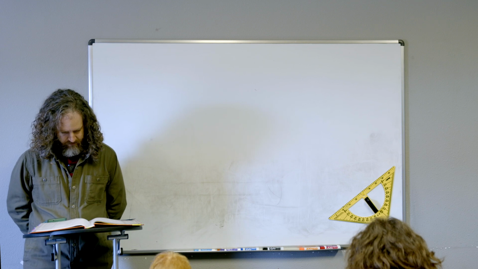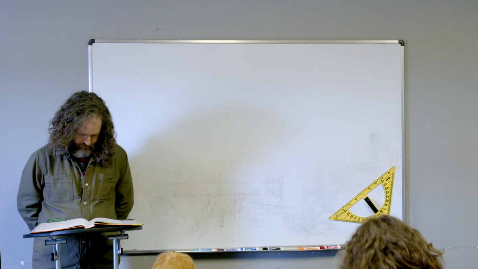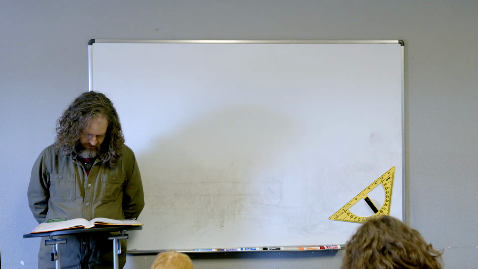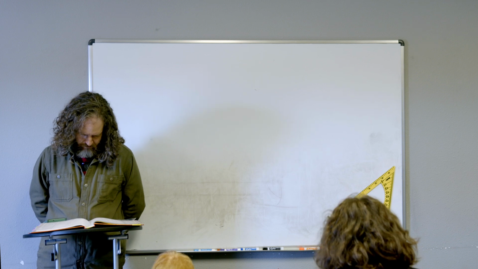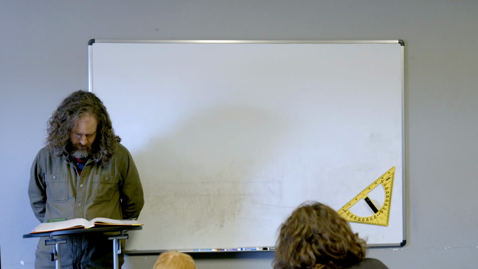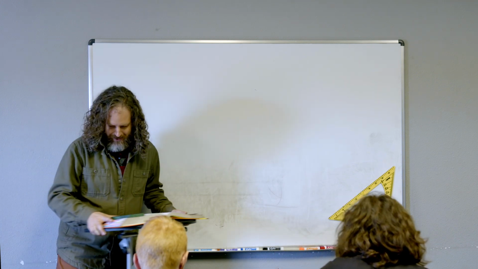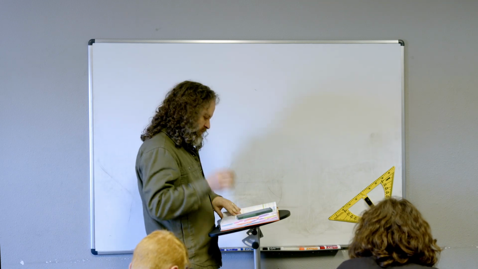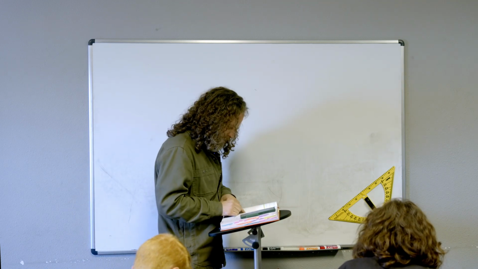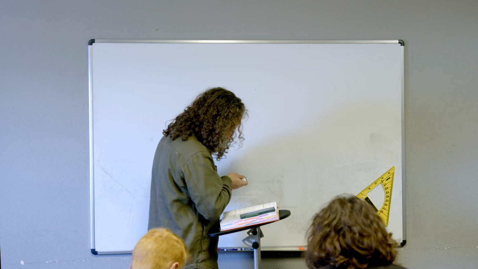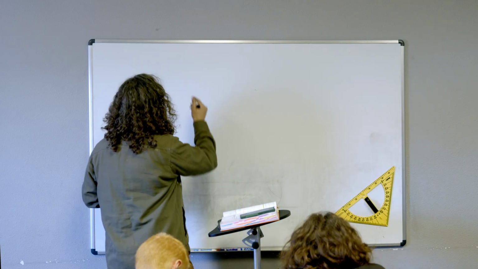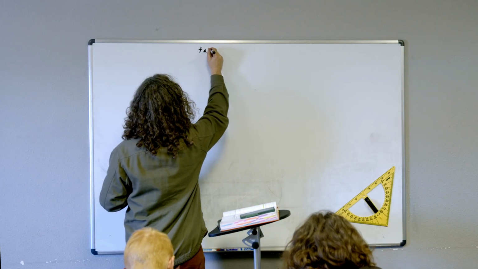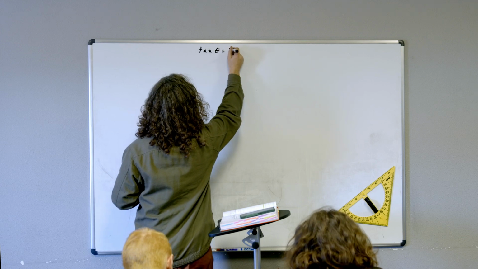I think 32 somewhat. Oh, I thought we fixed that, but we will fix it again. Here we go. So 32, we're supposed to find the exact values of the 5 remaining trig functions, and they tell us that the tangent of theta equals 2.